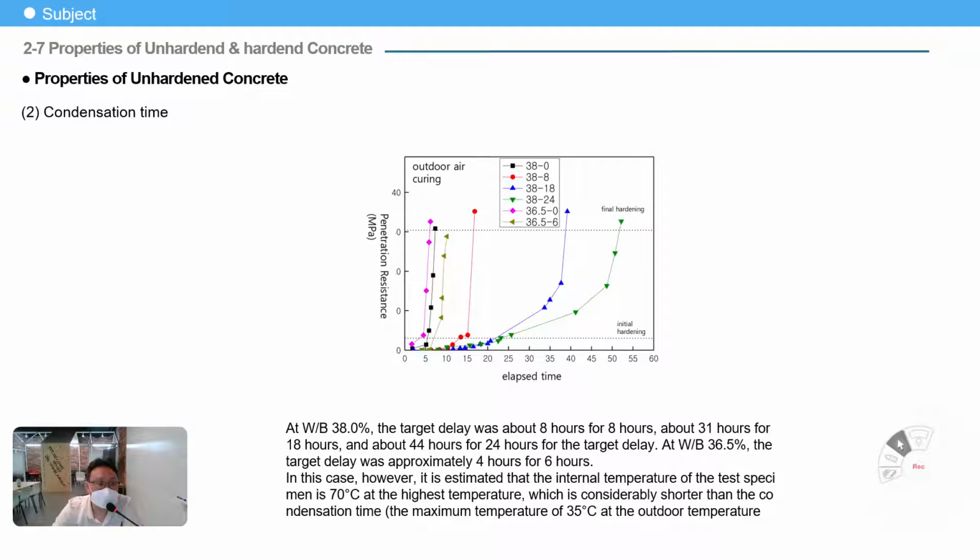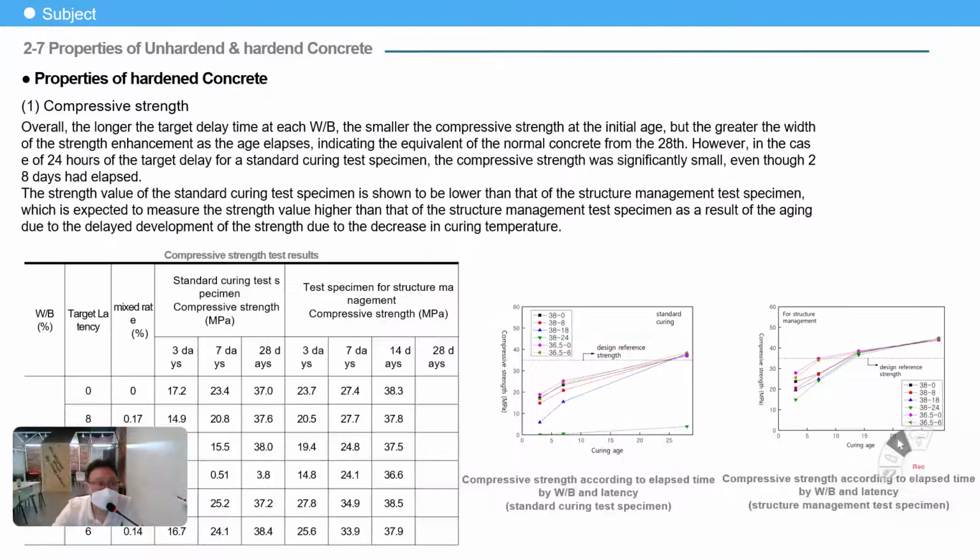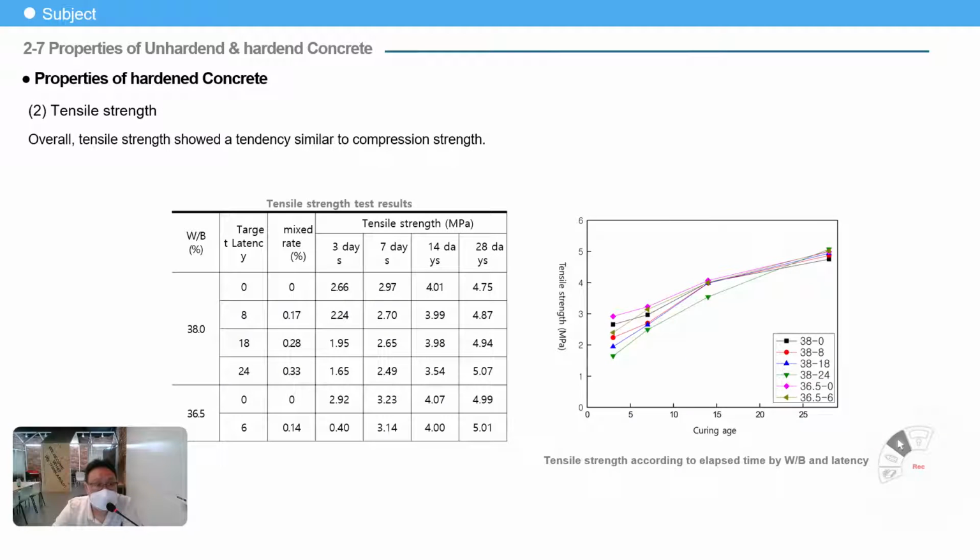This is condensation time. This is compressive strength, the table and picture. Of all the tensile strengths, they showed a tendency similar to compressive strength.